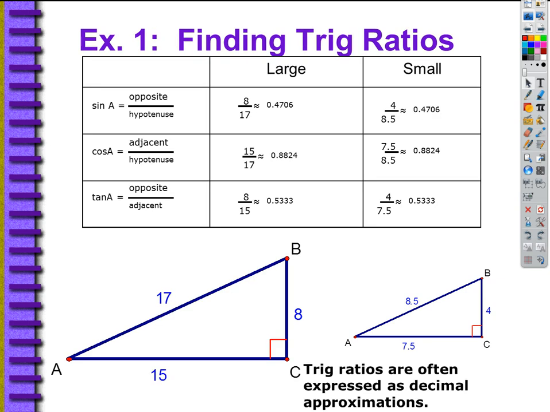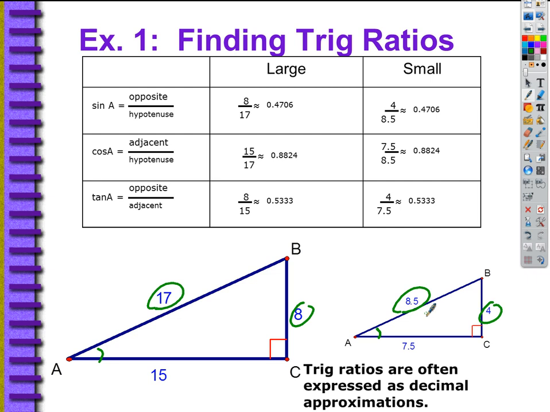If I take the big triangle compared to the small triangle, and calculate sine by SOH-CAH-TOA, SOH, opposite over hypotenuse. For the big one, the sine of angle A is opposite 8 over hypotenuse 17. What about over here? Sine of A would be opposite 4 over hypotenuse 8.5.